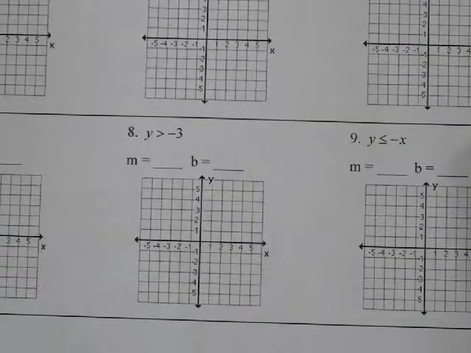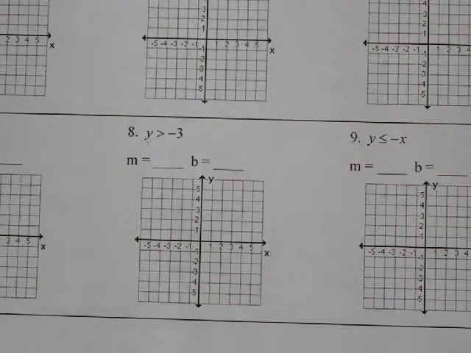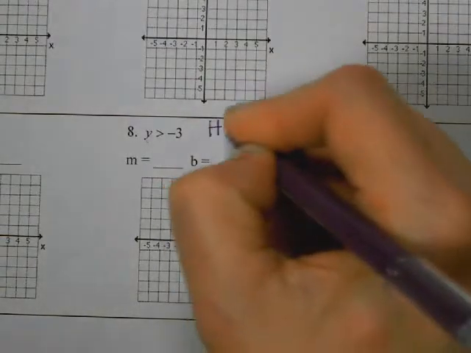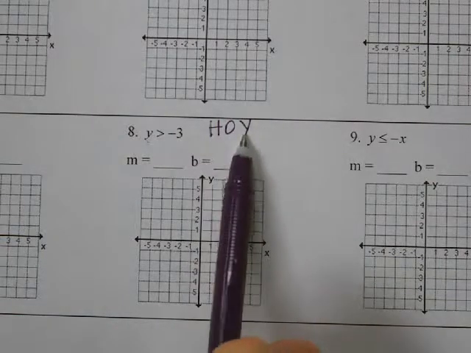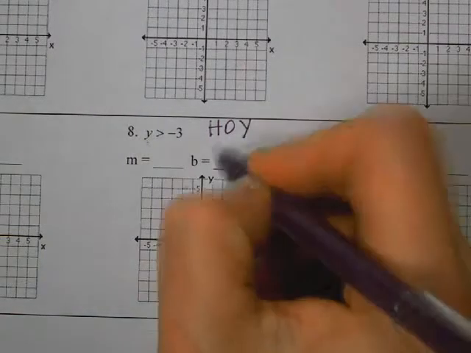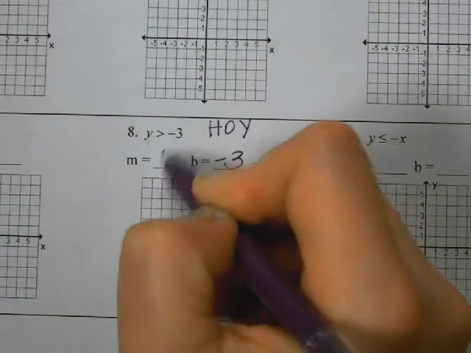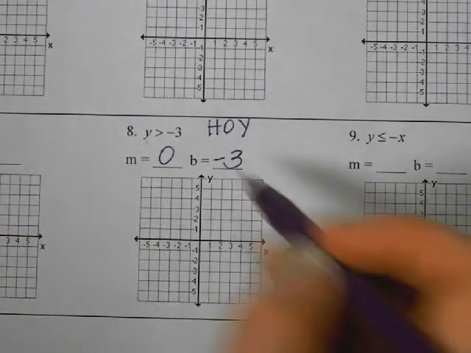Number 8, it only says y here, so that's going to be either a HOY or a VUX. So which one is this one? This one is going to be HOY. So it's going to be a horizontal line at y equals -3. So we begin at -3. m, the slope, is 0. So we know that because it's 0 in HOY.